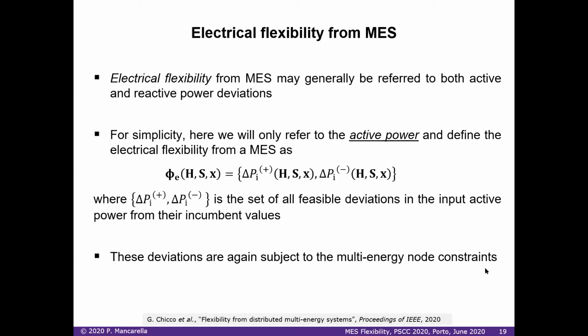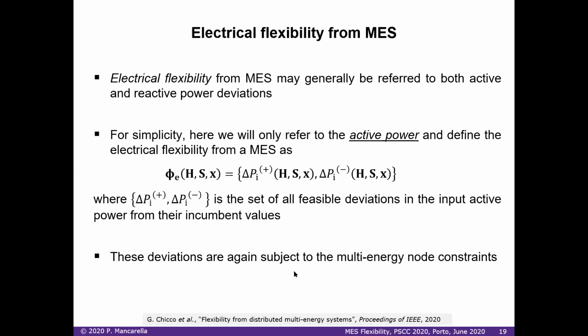So in other words, how much can I change upward and downward my electricity input while I consider all of the constraints that I have in my energy hub, and I consider all the flexibility that I have from the various control variables that depend on different features.